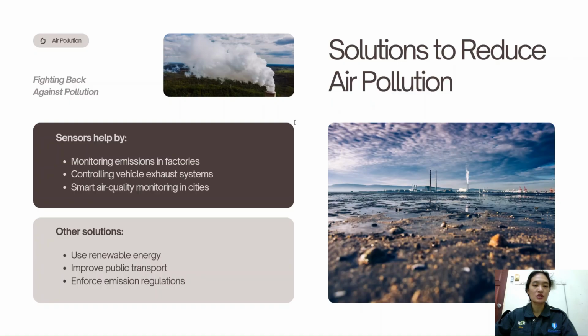To reduce air pollution, possible solutions include continuous air quality monitoring, emission control in industries, the use of renewable energy, enforcing emission regulations, and improvements in the public transportation system. Sensors play a critical role in supporting these solutions by providing accurate and real-time data.